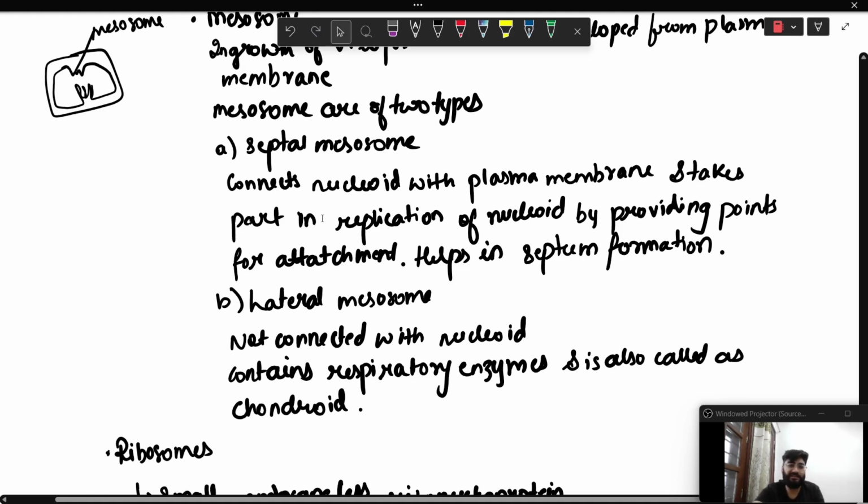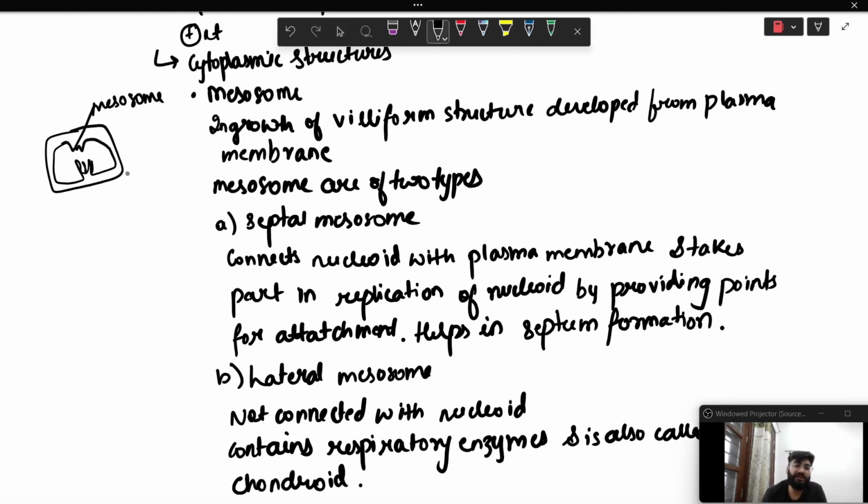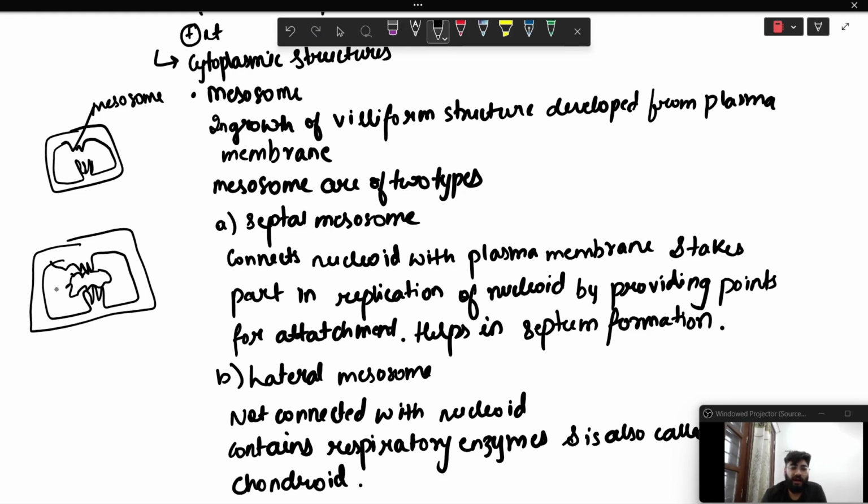septum formation. What exactly do we mean by this? When a bacteria has to divide, the nucleoid is present inside, and for the nucleoid to divide in half when the bacteria is going through binary fission, the mesosome is going to grab the nucleoid from one side.